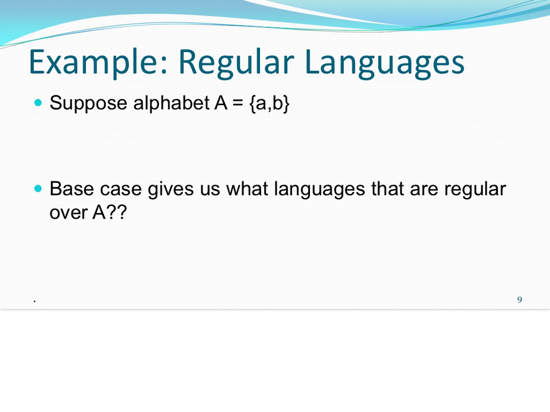Well, we know there's 4 languages that are regular. There's one, the empty set. Another language is the language just containing lambda. Another language is the language just containing A. And another is the language just containing B. So the base case gives us a set of 4 different languages, right? Each of these is a set of strings.